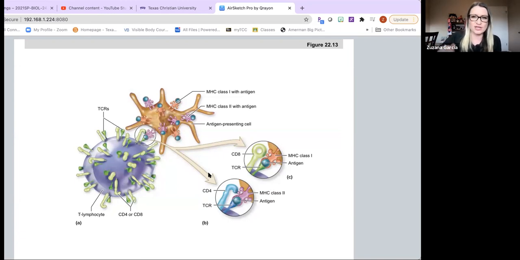Okay, in this image, you can see the dendritic cell presenting the antigen to the T lymphocyte. If we went by the color here, then this would be a cytotoxic T lymphocyte. They're using the green for cytotoxic. But it could either be a cytotoxic T lymphocyte or a helper T lymphocyte.